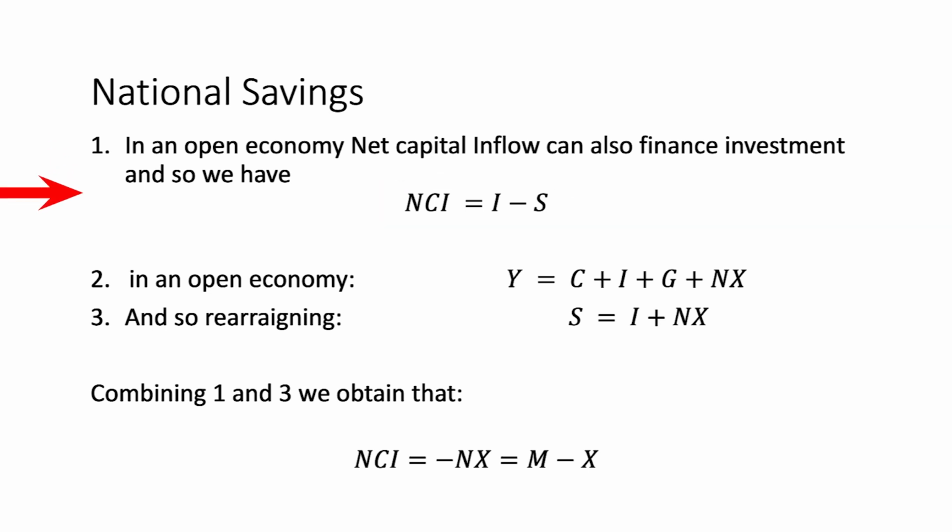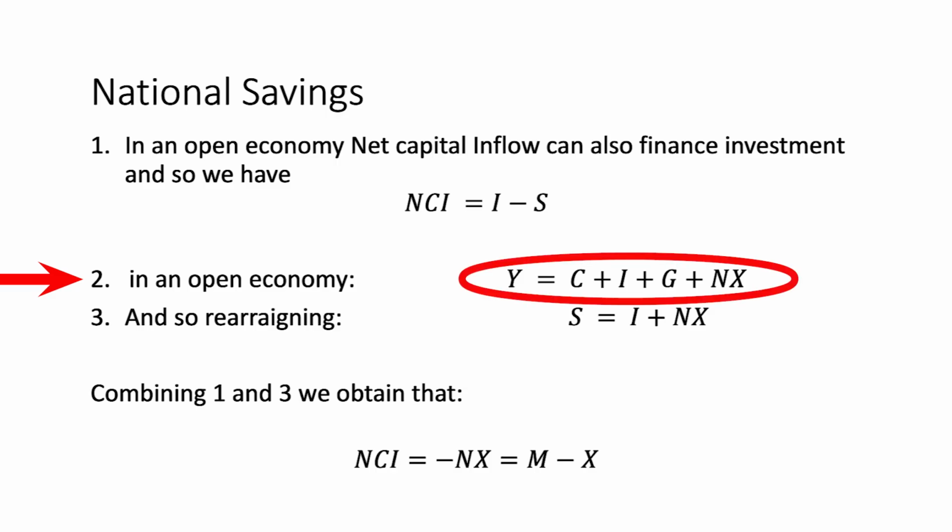Now, going back to our basic national income accounting formula for an open economy, we have that total income Y is going to have consumption, investment, and government spending, the same terms as in the closed economy, but now we have one extra term, which is the net purchases of foreigners, the trade surplus, in other words. Remember, NX stands for net exports, which is exports minus imports.